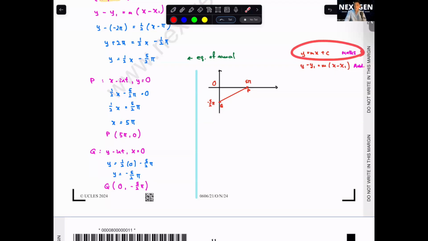But if you use the other, actually no problem. Just that if you look into the mark scheme, most of it will use y minus y1 equals m bracket x minus x1, because this was what was taught in your Math. So we want to try to follow as closely as we can to the Math formula. Why? The marker looks at the mark scheme, they just copy only. So later you can see the mark scheme. Normally they use that formula.